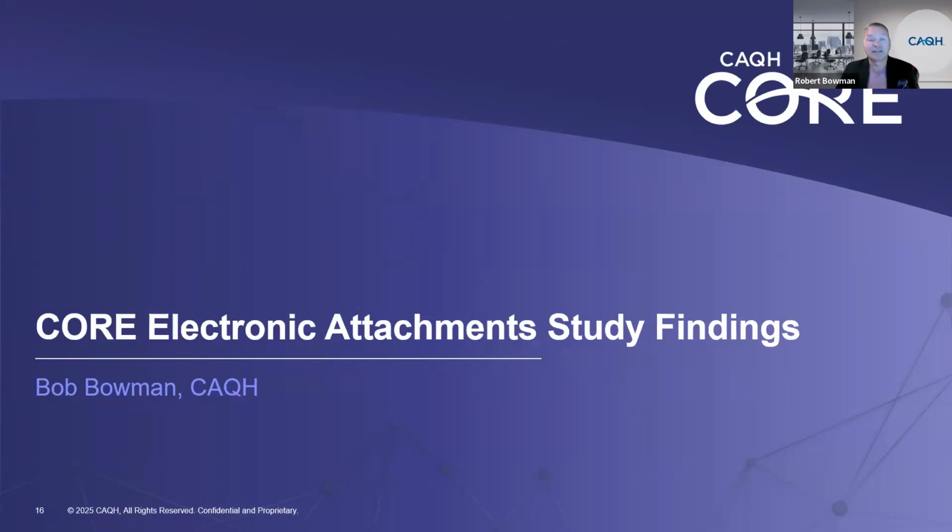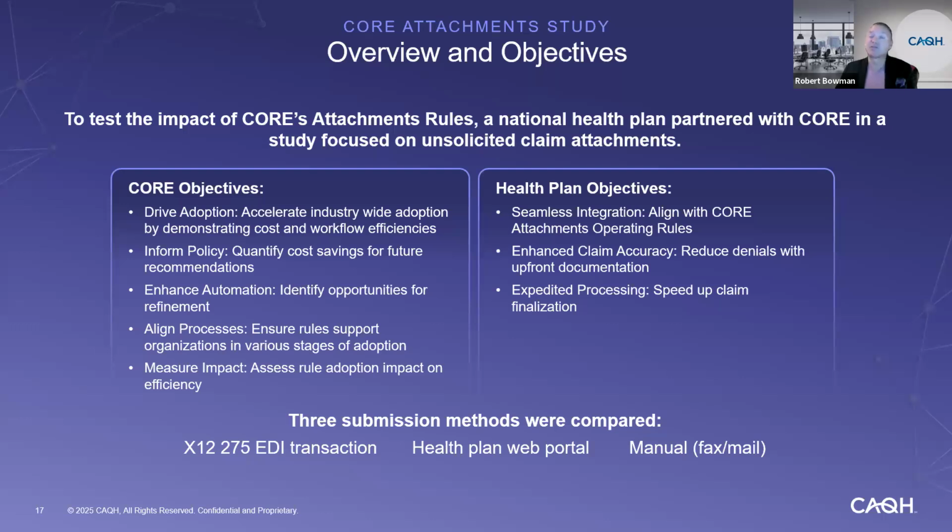If we go to the next slide, you'll see that there were very specific objectives that we set up in our study to make sure we could track the data through time and understand where the savings were, where the potential pitfalls were, and where the challenges in implementation were, either with the provider community, with the health plan itself, or with the trading partners, because they worked with trading partners for this implementation.